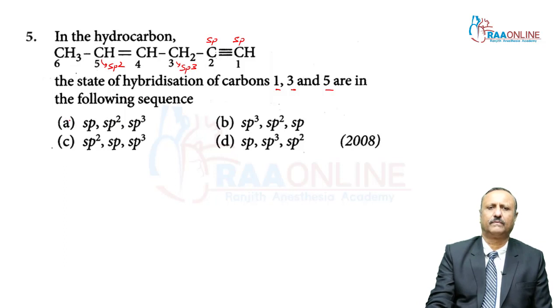In options A and D, sp is present. So options B and C are wrong, you can remove them. Now the third carbon atom is sp3, and the first carbon atom is sp, so you can go with answer D. Fifth question, answer D. This question was also asked in NEET 2008.